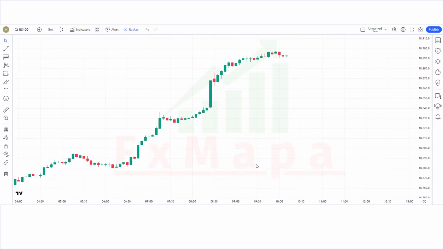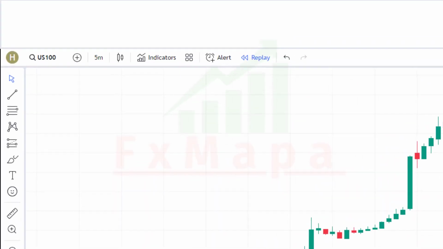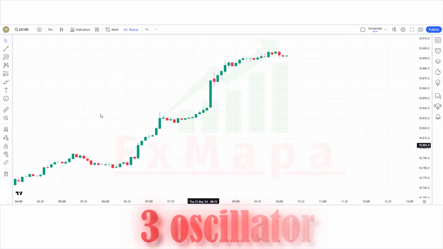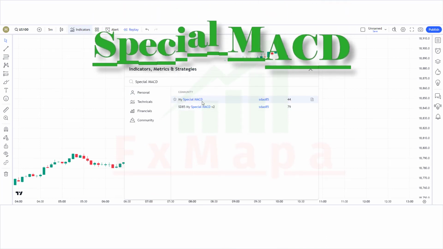So let's get started. Now let's create a trading setup. We are going to test this strategy on the 5 minutes time frame in the US 100 chart. In this setup we would require 3 oscillators. First indicator name is Special MACD.